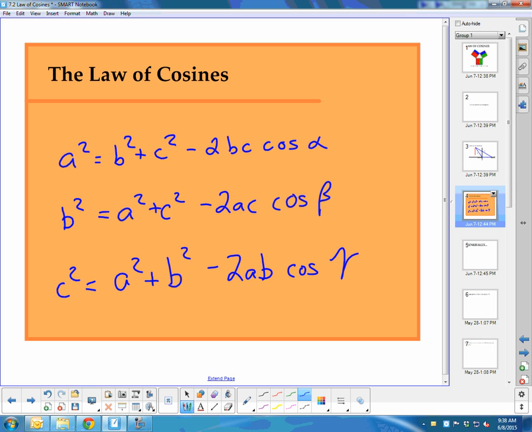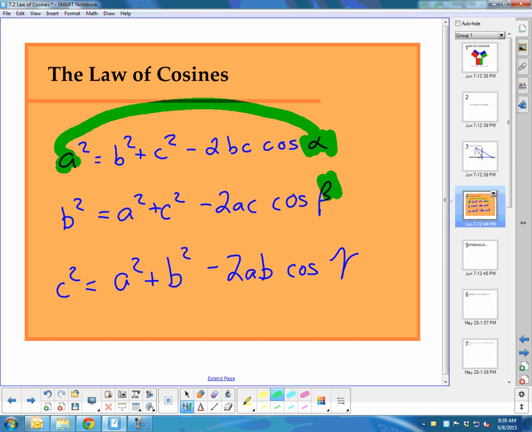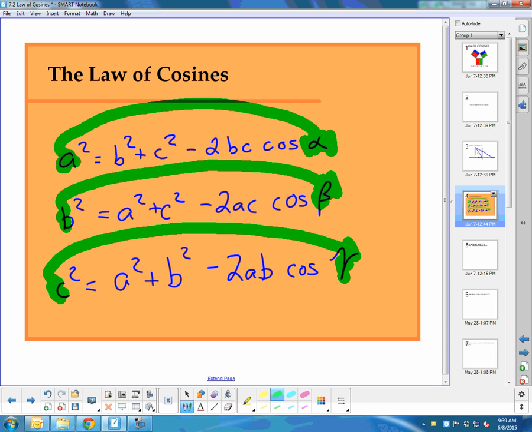Now, you can definitely see a pattern in here where the cosine angle that we're looking for is the angle that is across from the side that is isolated. I've got alpha and a, beta and b, as well as gamma and c.